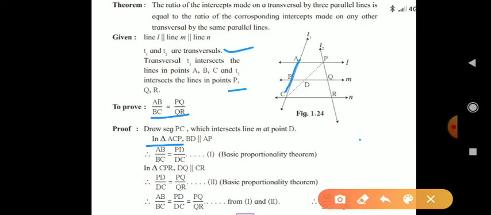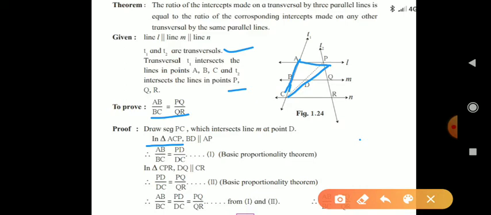In triangle ACP, line BD is parallel to AP. Line BD is part of line M and AP is part of line L, so these two lines are parallel, BD parallel to AP.